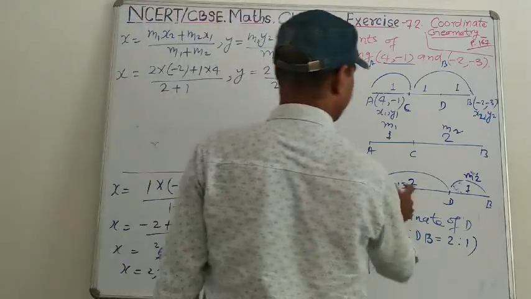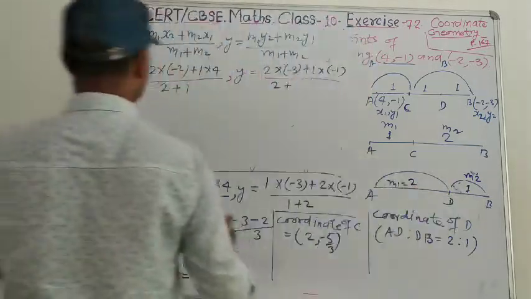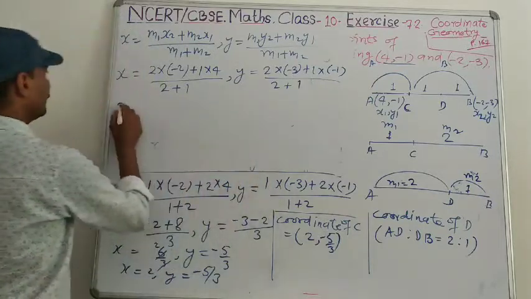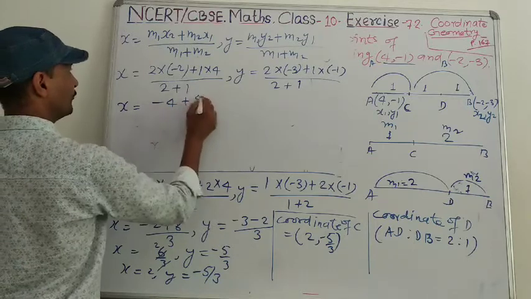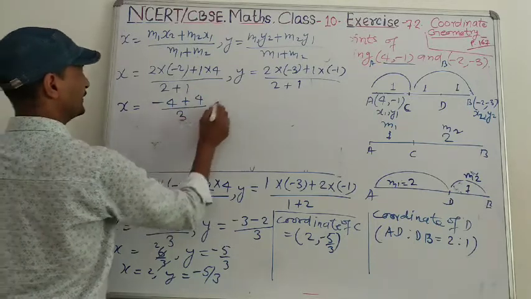Don't be confused, the first is m1, the second is m2. 2 plus 1. So 2 into minus 2 is minus 4, plus 4 into 1 is 4, by 2 plus 1, 3.